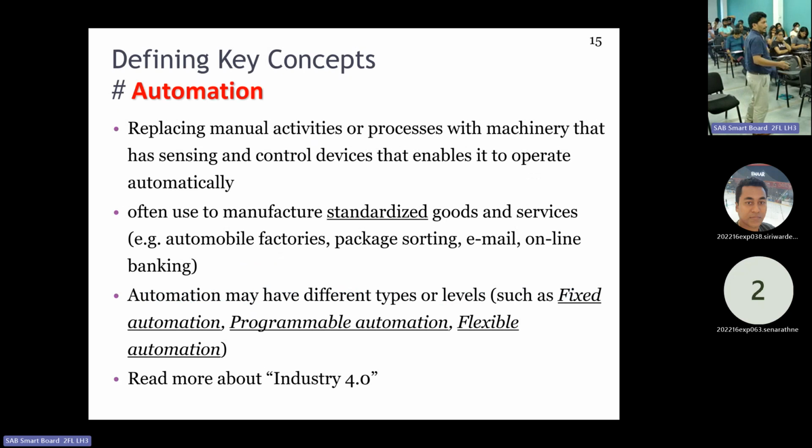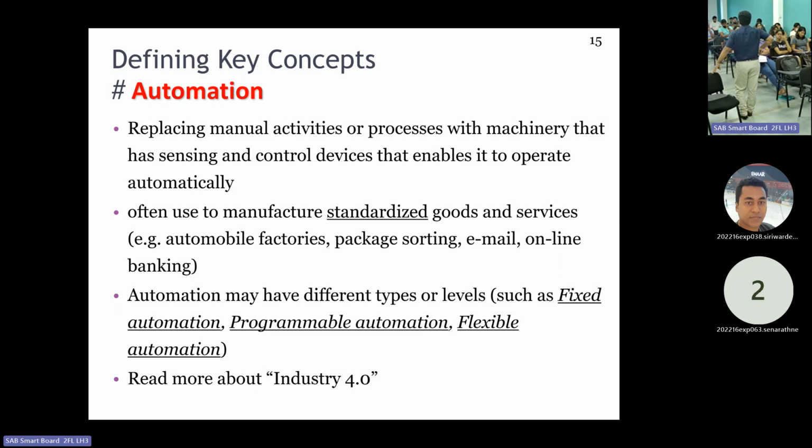As I told you earlier, in assembly lines, automation is often highly used. Automation in the sense of using more machines instead of workers. There are different types of automation solutions available, from fixed automation to programmable automation to flexible.